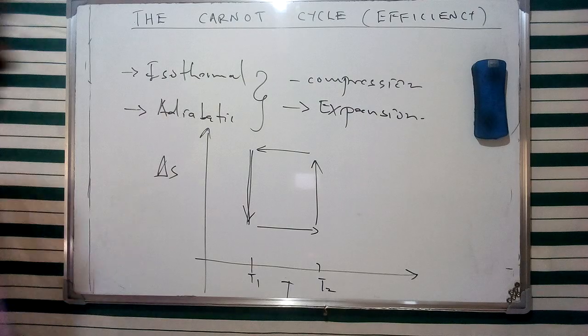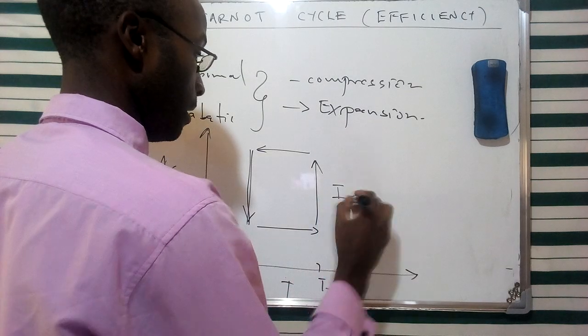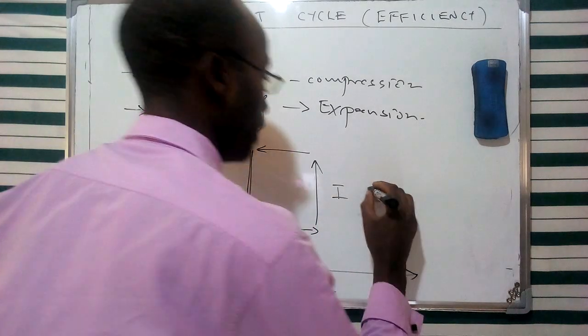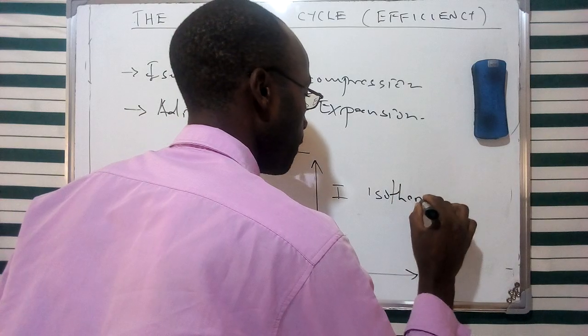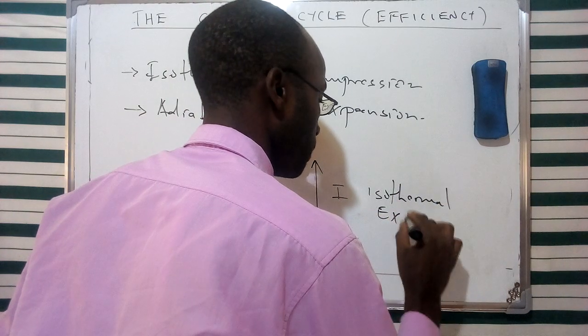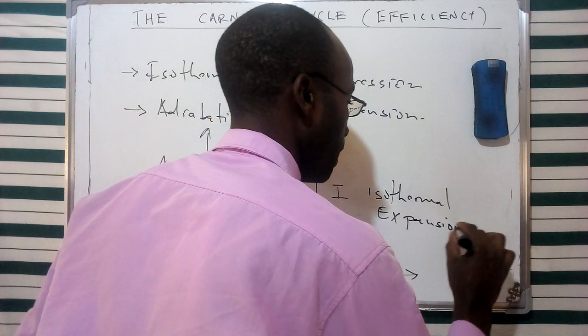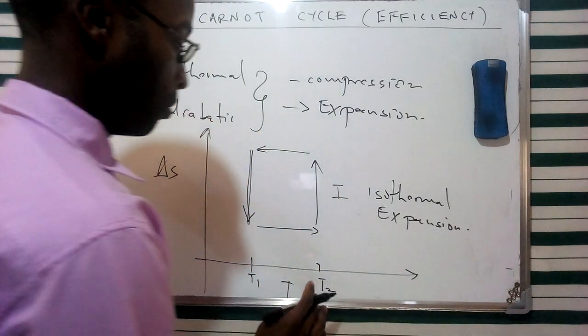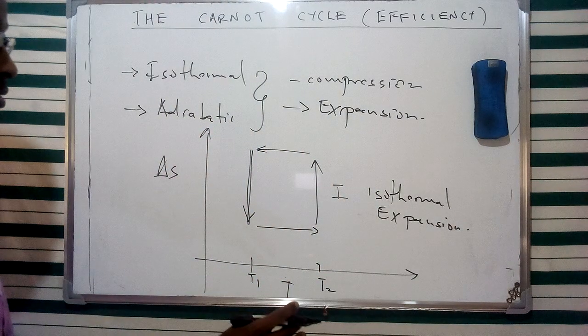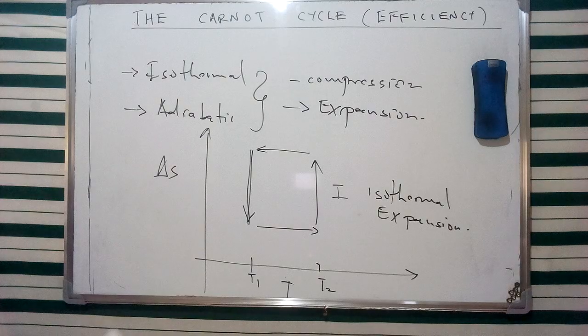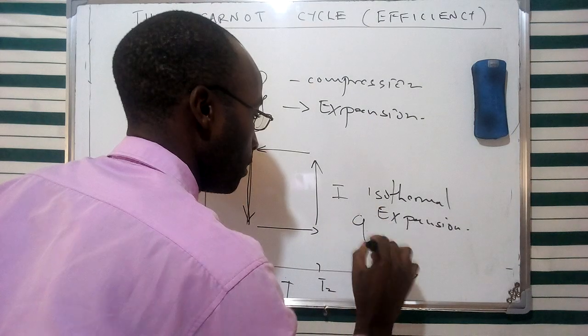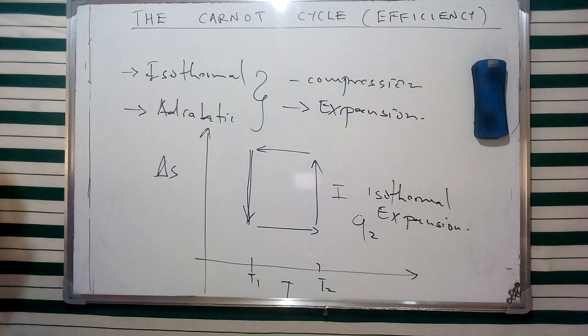In our first stage, this initial stage of isothermal expansion occurs at a particular temperature, temperature 2, which is regarded as constant, and there's absorption of heat, given as a positive Q2.